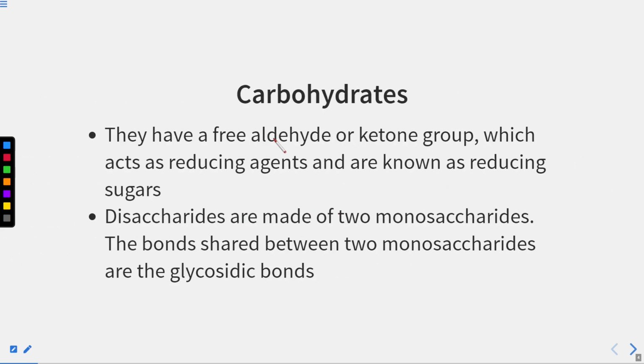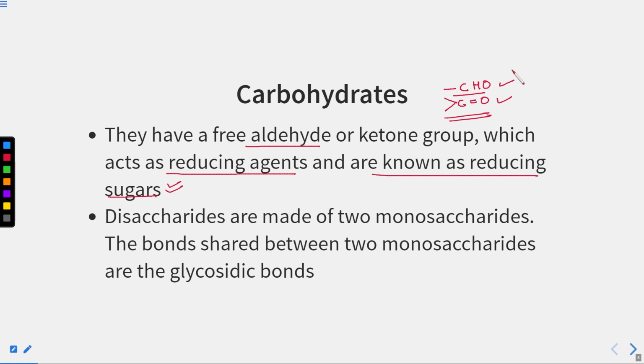They have a free aldehyde or ketone group, right? The aldehyde group, we all know, is CHO, and the ketone group is C double bond O. These aldehyde and ketone groups act as a reducing agent, and such sugars are known as reducing sugars.